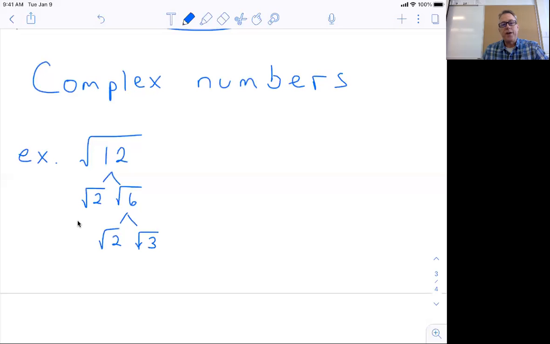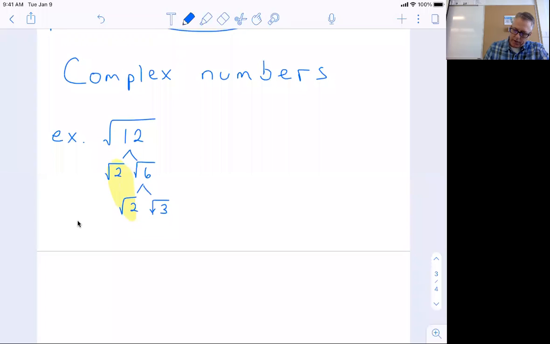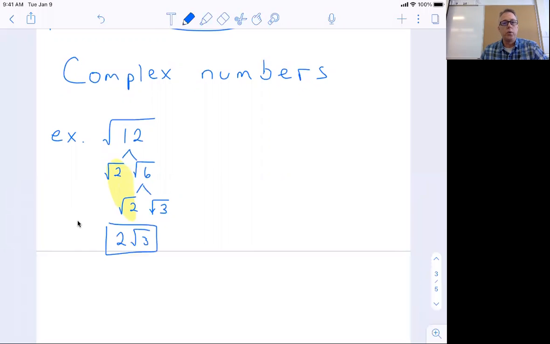And then you tried to find pairs. So like we have a pair here, and if the pair are the same number, that number goes on the outside and the other one stays underneath. And so that simplifies into 2 root 3.